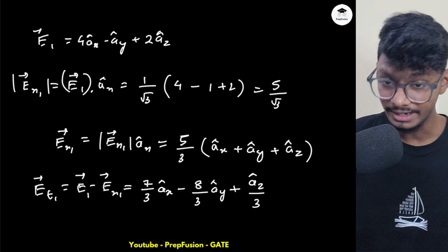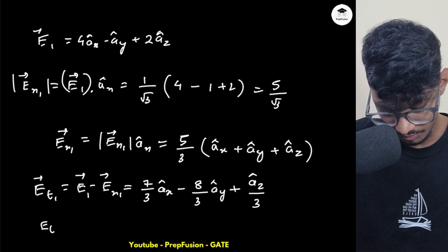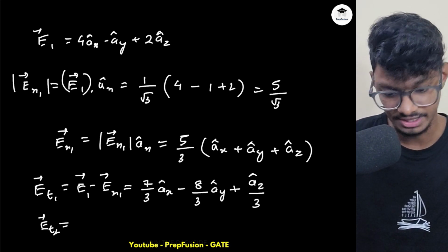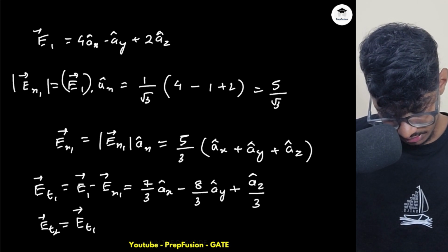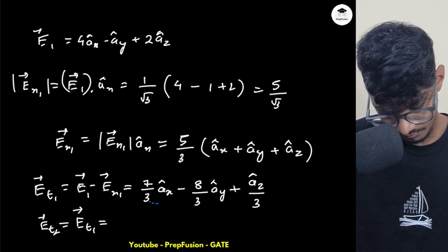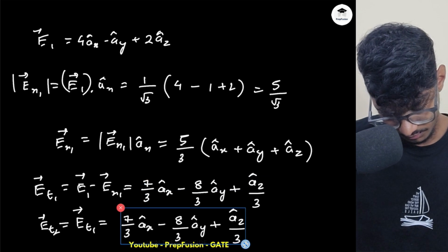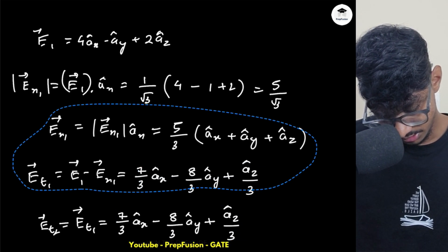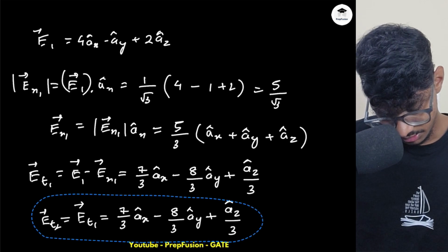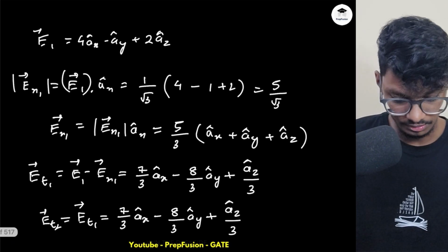Can I say what the tangential component of the electric field in the second medium is? That will be the same. That will not change. So this will be exactly the same as ET1, which is this, correct? Simply this. So what about the normal component now?